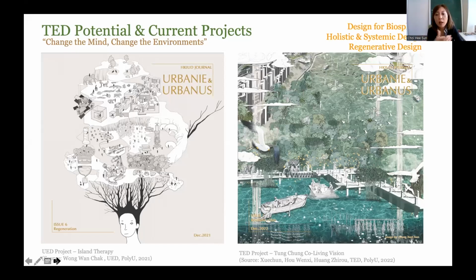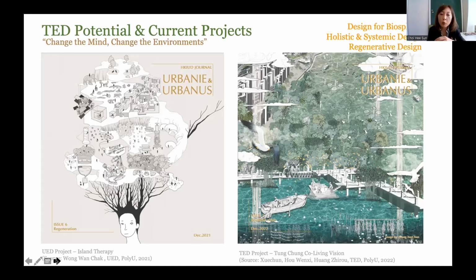And on the right-hand side, this year we just finished the first semester, and one of the projects we've used as a case study in Dongcheong, titled Co-Living Vision, was teamwork. Shu Chun, Ho Wenxi and Huang Jie-ro produced a really interesting co-living vision, with a critical analysis to provide the future vision as a new paradigm shift.